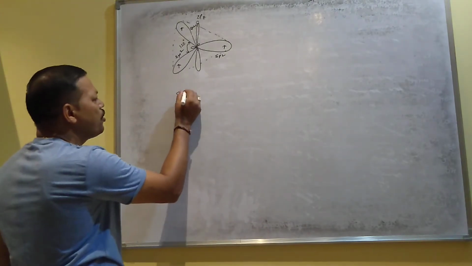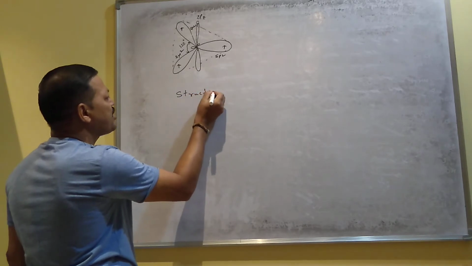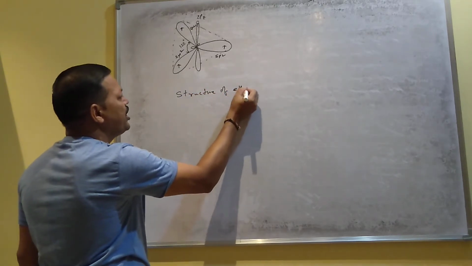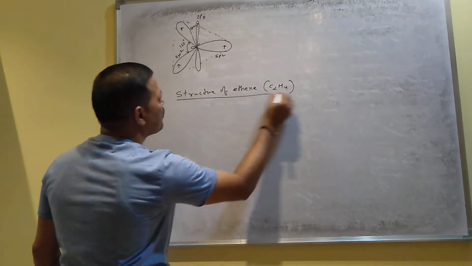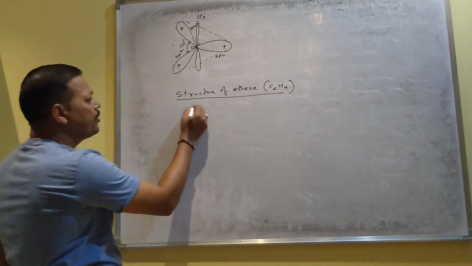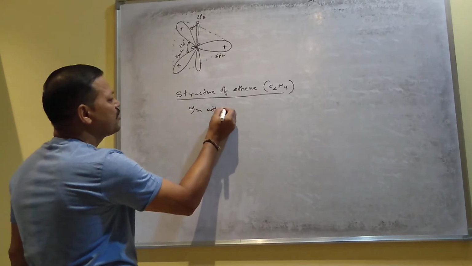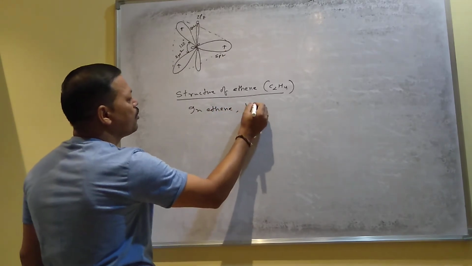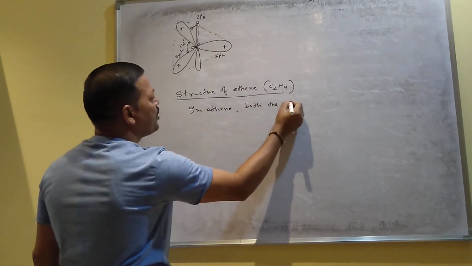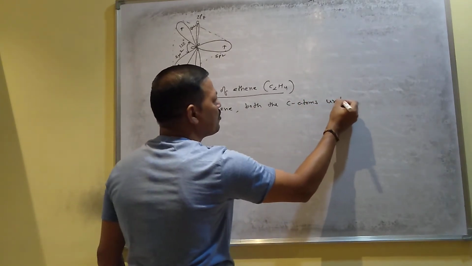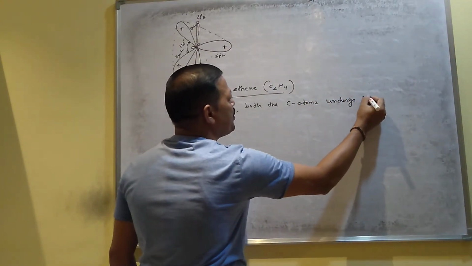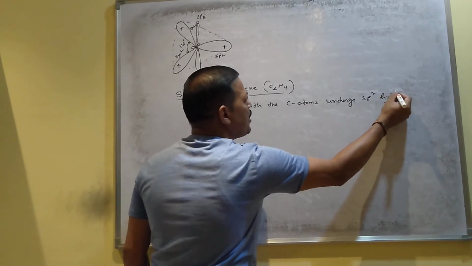So I will draw the structure of the ethene molecule, whose formula is C2H4. So in ethene, both the carbon atoms undergo sp2 hybridization because they are double bonded carbons.